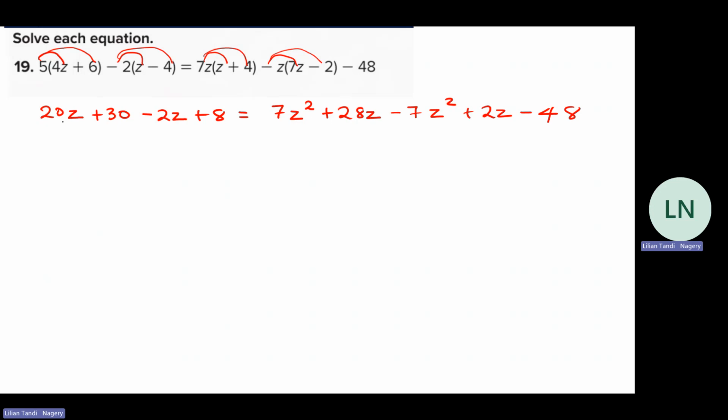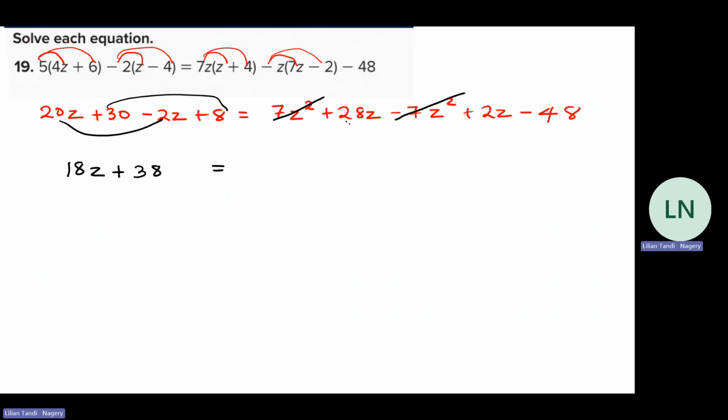Okay, make friends. These are friends. These are friends. So 20 minus 2 is 18. So 18z plus 30 plus 8 is 38. This goes with that. It becomes 0. 7z squared minus 7z squared is 0.